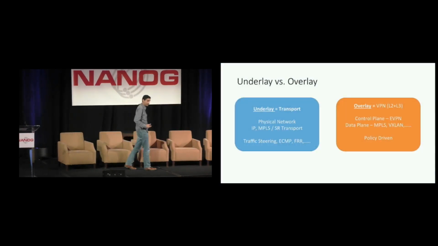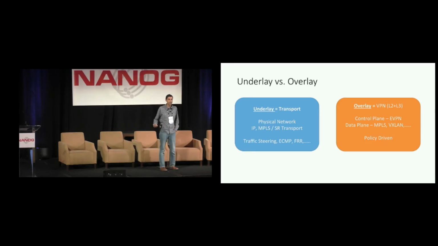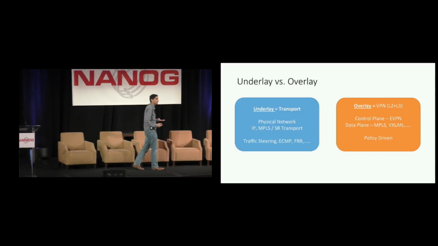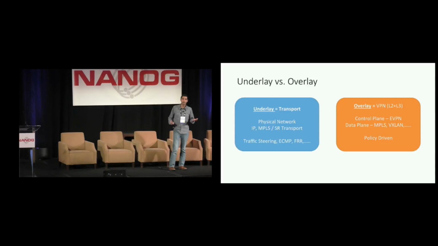An underlay essentially refers to your transport network, which is a basic IP routed network running any routing protocol and providing layer 3 connectivity between different leaf nodes and spine nodes in the data center fabric. The underlay can be a pure IP routed fabric, or an MPLS fabric or a segment routed fabric, essentially any core routing technology that we're familiar with. The overlay refers to the VPN services that we enable on top of this transport network.